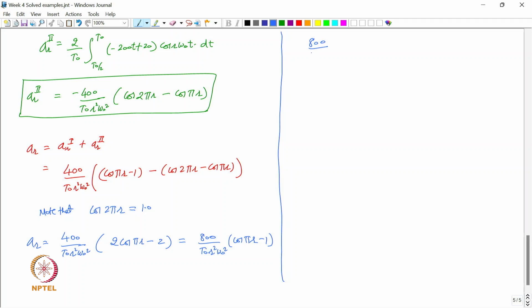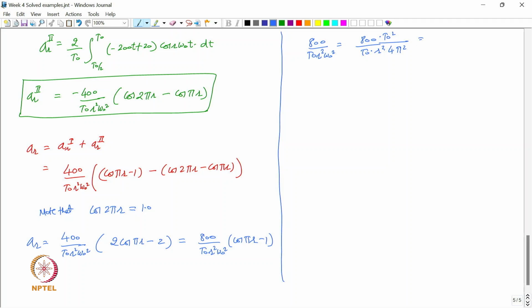If I look at 800 upon T naught r square omega naught square, we can first simplify and then substitute. T naught is 0.1. T naught r square omega naught square is 4 pi square r square into T naught square, since we can substitute 2 pi upon T naught in place of omega naught.